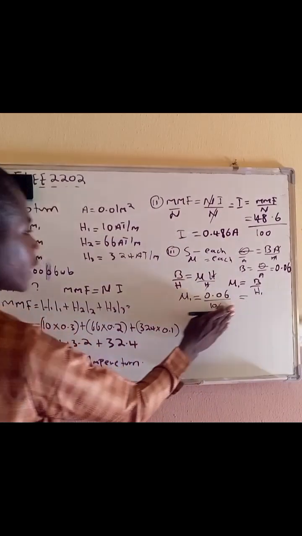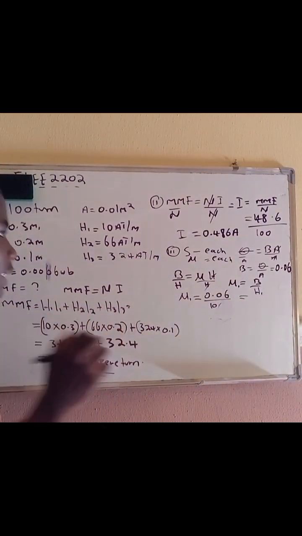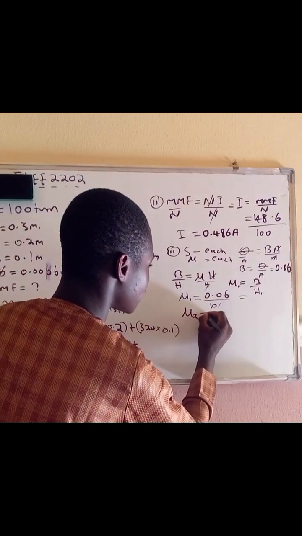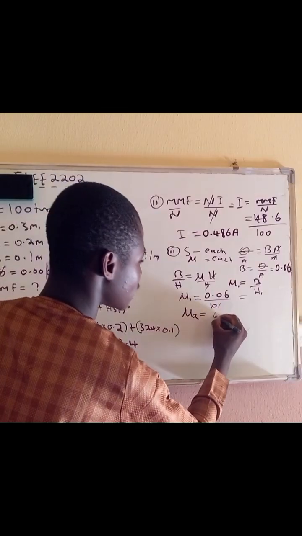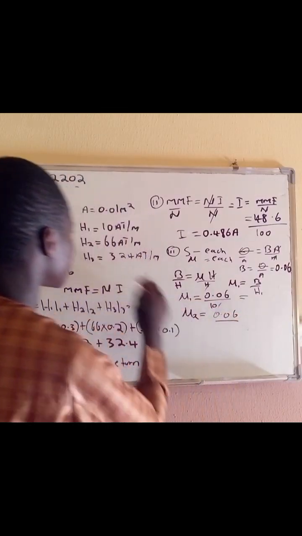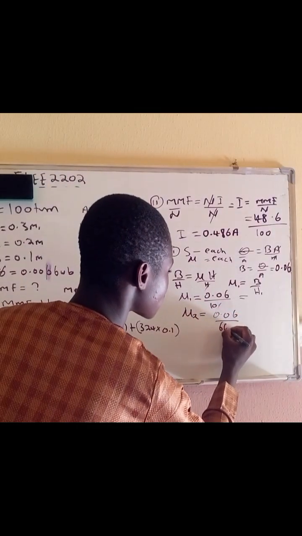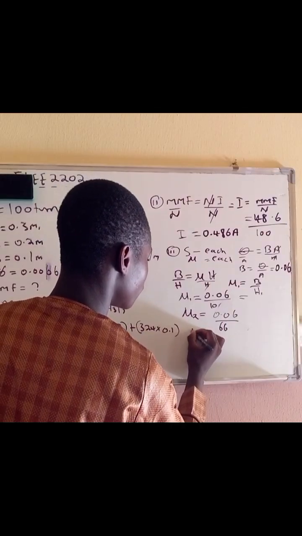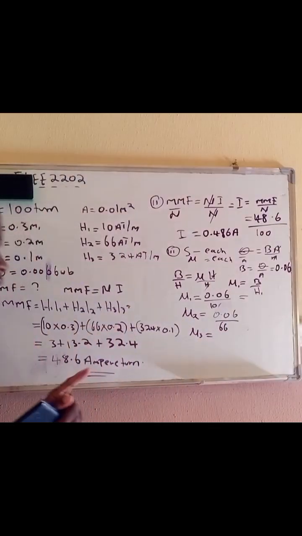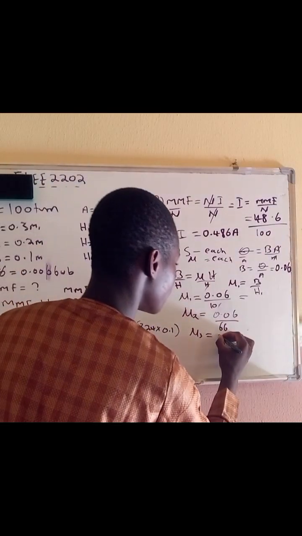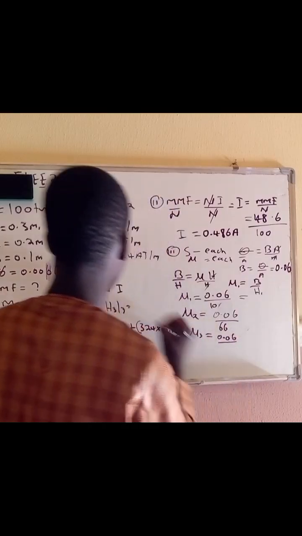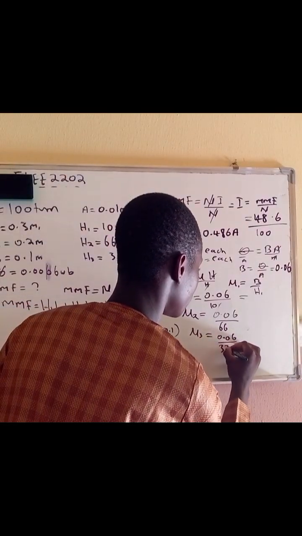So this is the permeability of the first material. The second material's permeability is 0.06 over H2, which is 66. And mu 3, the permeability of the third material, is 0.06 over 324.